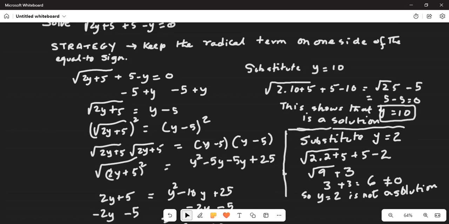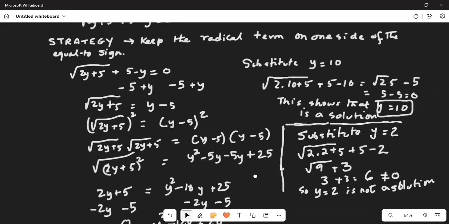That becomes square root of 2y plus 5 times square root of 2y plus 5, and on the right-hand side, y minus 5 times y minus 5. Now the square of the square root of 2y plus 5 on the left-hand side becomes 2y plus 5. On the right-hand side, it becomes y squared minus 10y plus 25.